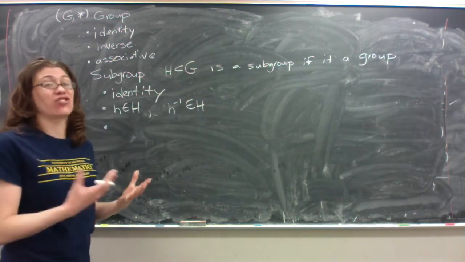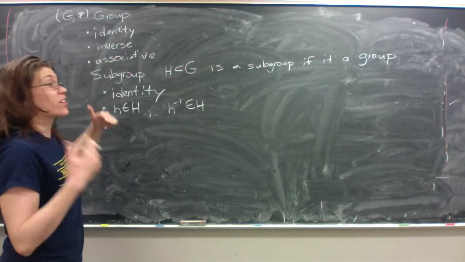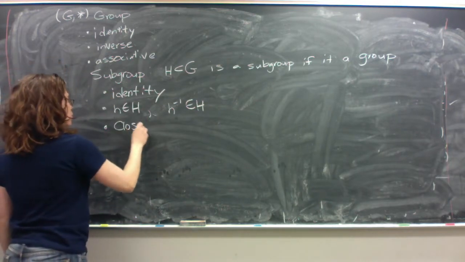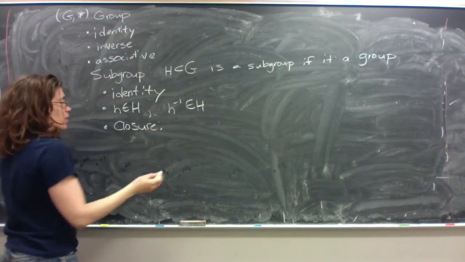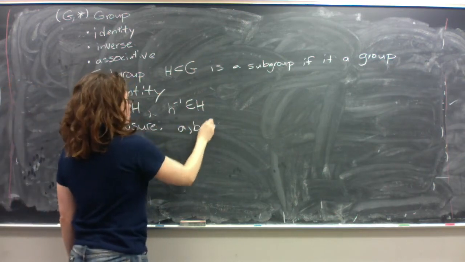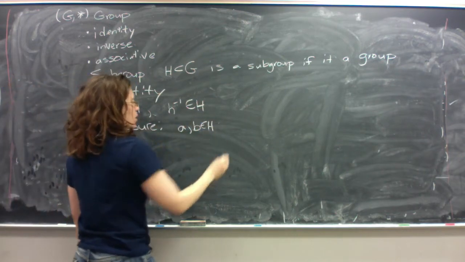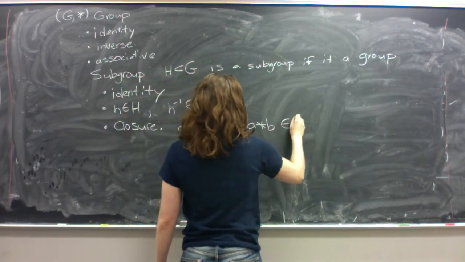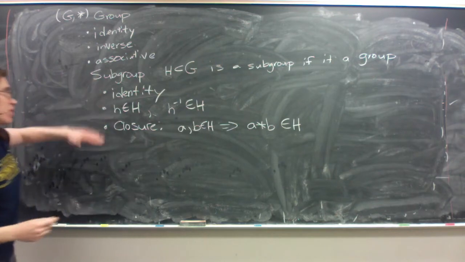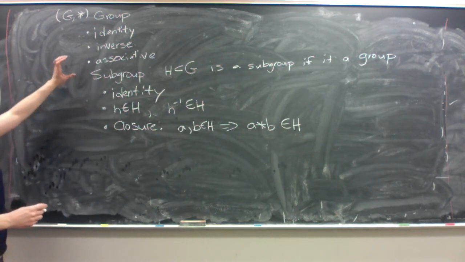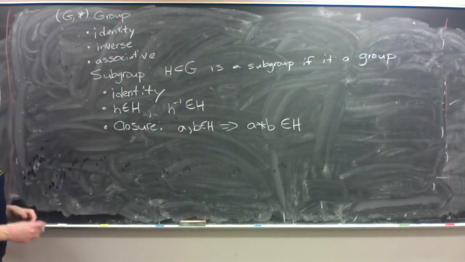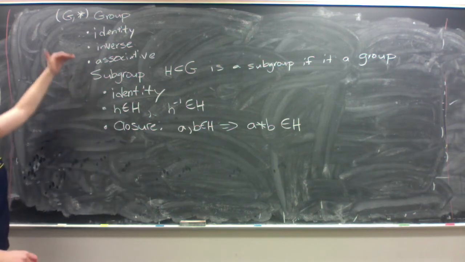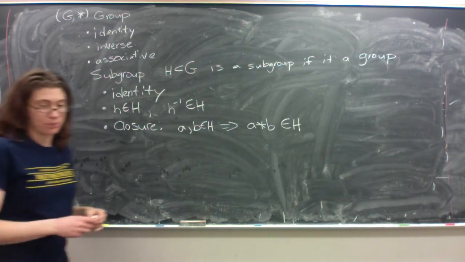That is, I need to check that my subgroup is closed under the operation. So I need to check that a and b in H implies that a star b is also in H. So these are the three things that I need to check to verify that a subset of G is a subgroup. The difference being I have to verify closure instead of associativity for the group.